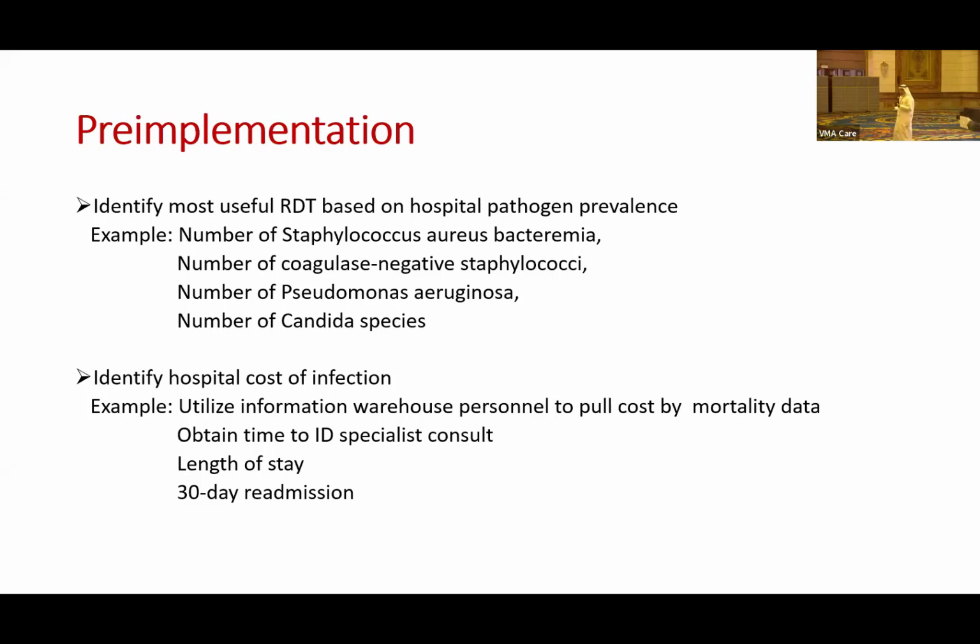Most of our hospitals are governmental and it is difficult to pull the cost, but you can communicate with the warehouse to pull these data, especially for the length of stay, the 30-day readmission, and time to effective therapy. You need to pull these data before implementing or choosing any rapid diagnostic test.